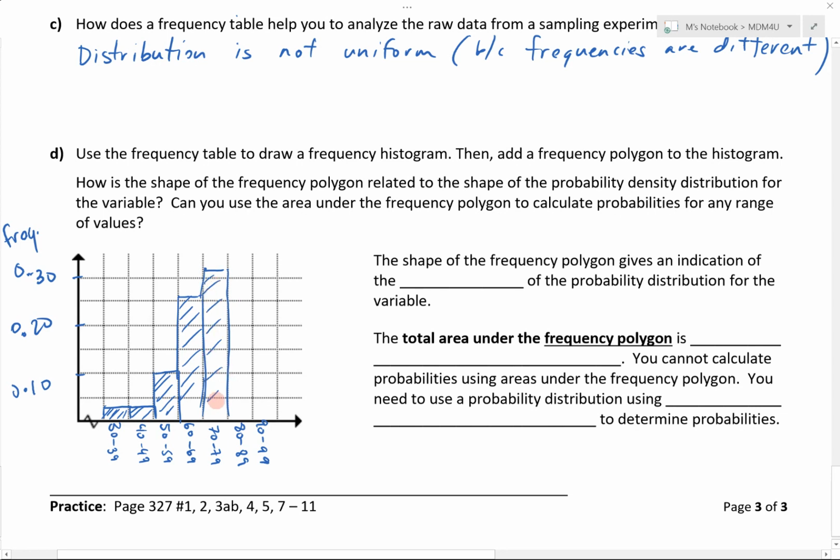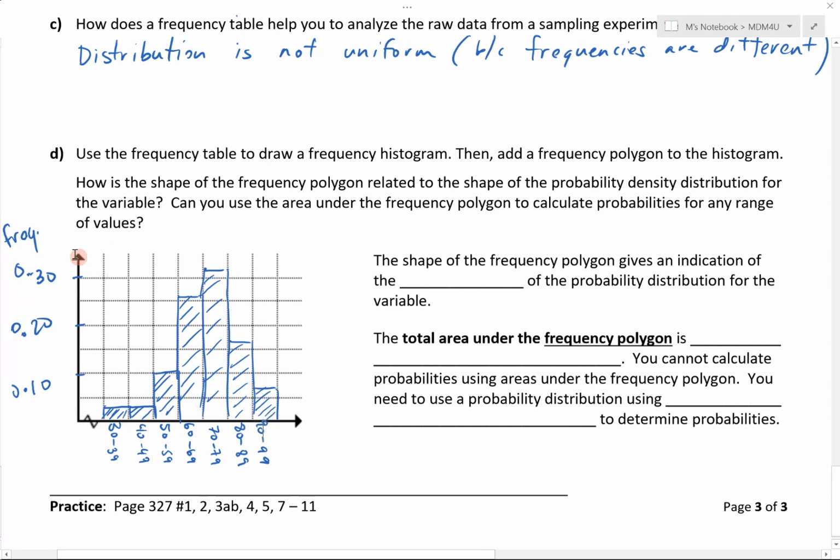And 80 to 89 is 16.7%, so we're back down here. And then 90 to 99 is 6.7%, so just a smidge above the 5. Okay, this is a rough drawing of what the distribution would look like.